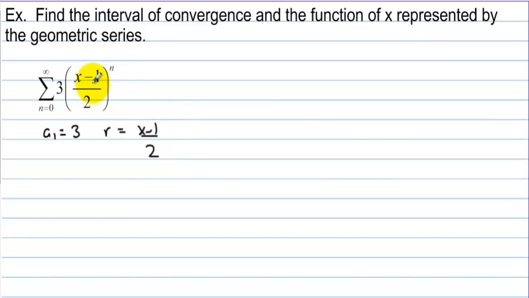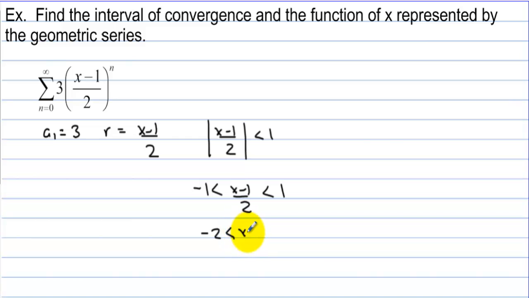Now, the interval of convergence will happen where the absolute value of (x minus 1) over 2 is less than 1. By definition of absolute value, we can write -1 is less than (x minus 1) over 2 is less than 1. Let's multiply everybody by 2. We get -2 is less than x minus 1 is less than 2. And when we add 1, we get -1 is less than x is less than 3.